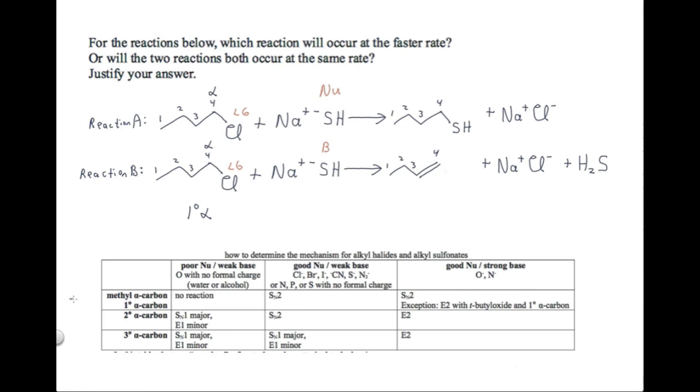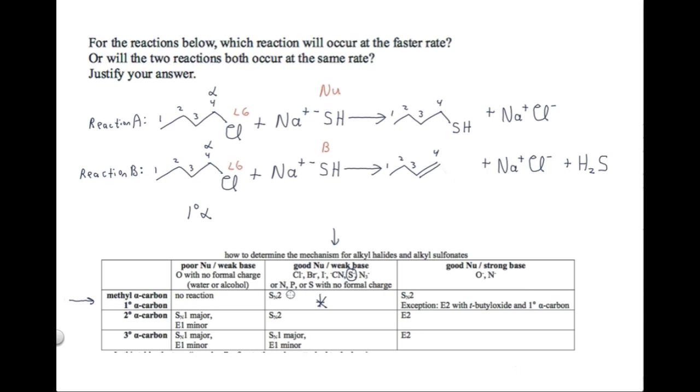Using our table, we're in the top row of the table because we have a primary alpha carbon. And we're in the middle column of the table because we're using S- as our nucleophile or our base. So notice that the table predicts that the major mechanism here will be SN2.